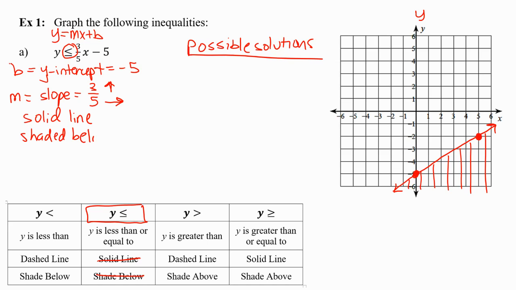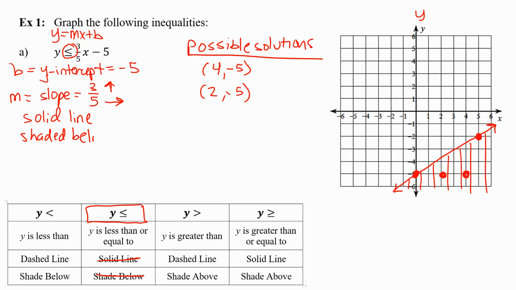So let's see, this point right here, 4, -5 would be a possible solution, which means I can plug in the x value 4 and the y value -5 back into this inequality, and I would get a true statement. Another possible solution would be this one, which is 2, -5.